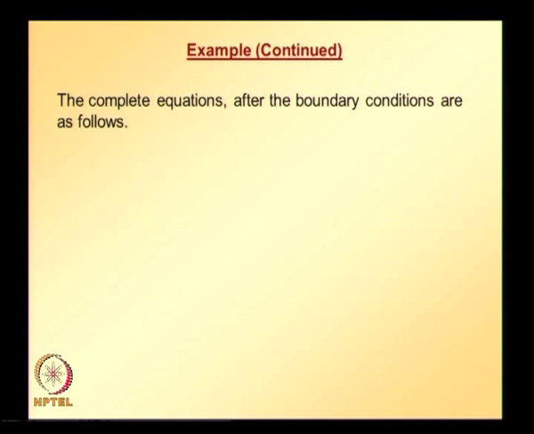So, the basic thing is that simply by using the tributary area concept, the equivalent nodal load vector is going to be different from what we get by performing integration of the work expression.